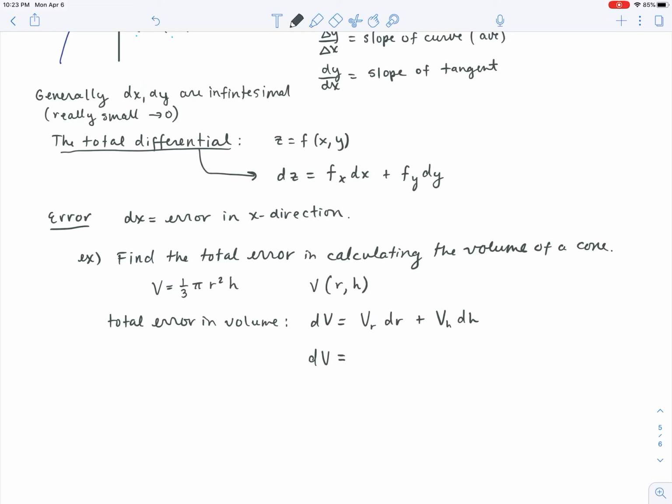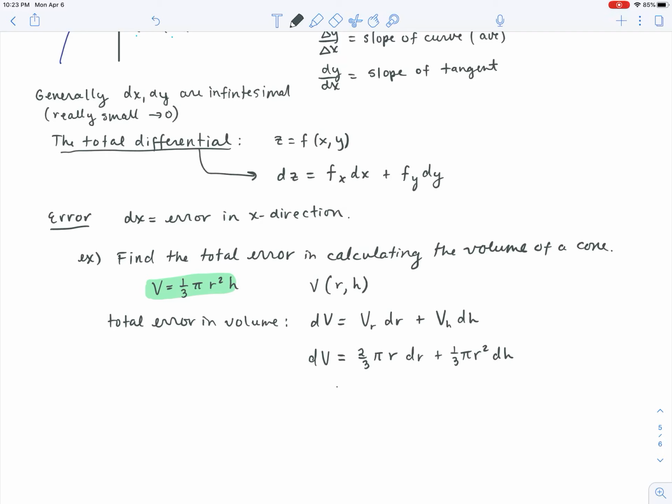So we get dV equals, if I take the derivative of this with respect to r, I get 2/3 pi r h dr. And then when I take the partial derivative of V with respect to h, I just get 1/3 pi r squared dh.